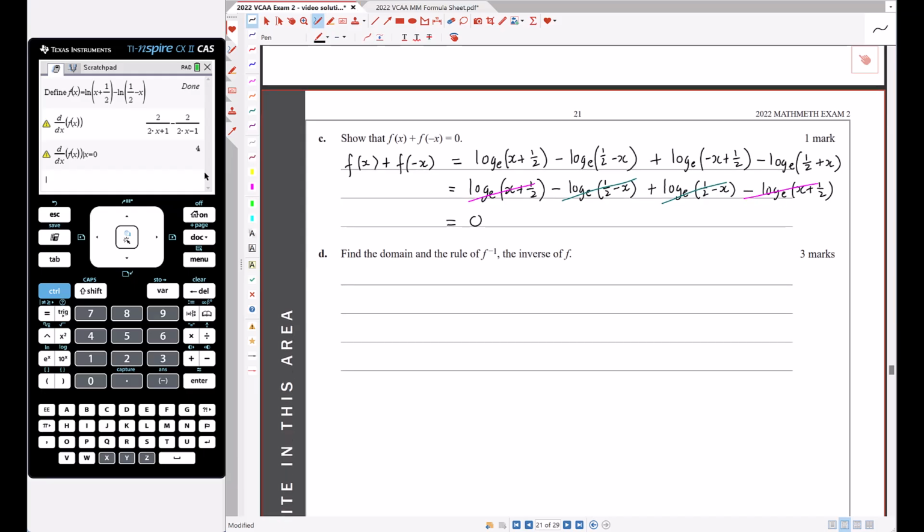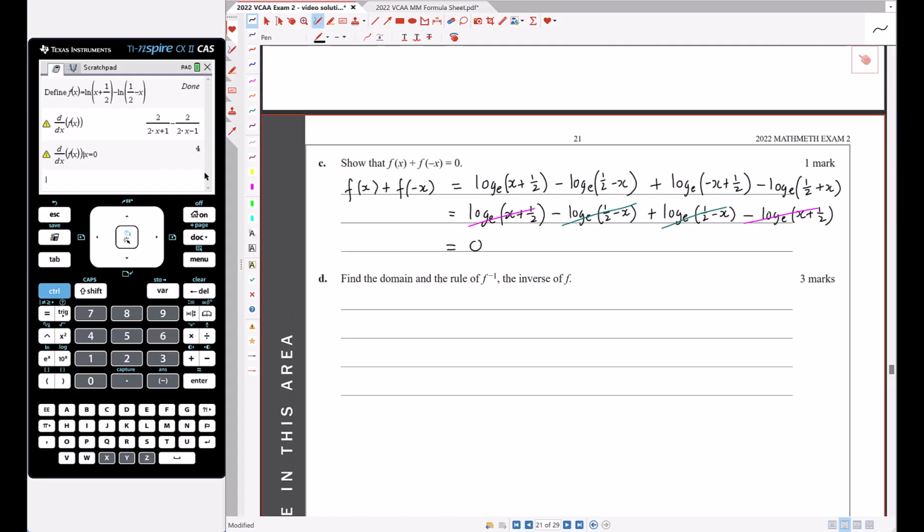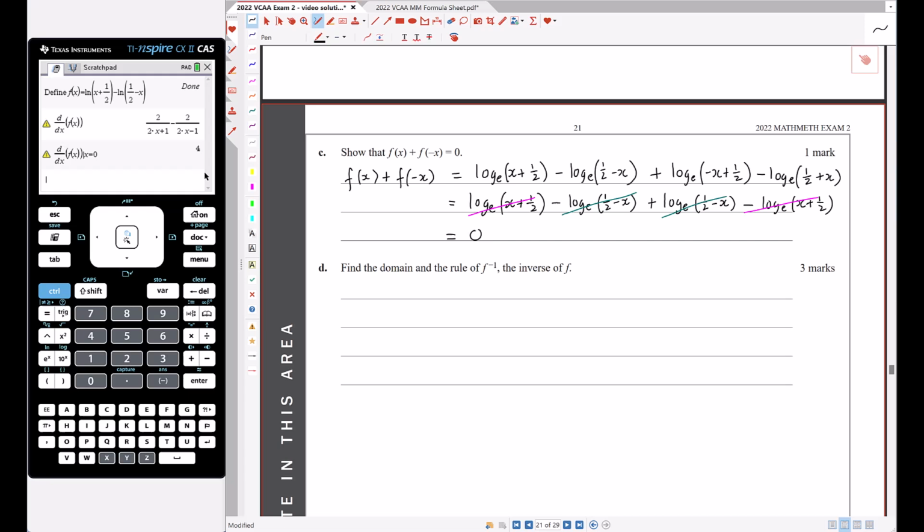Find the domain and the rule of the inverse of f. Okay, so first of all, our original function, let's just write that down again here. So f of x is log e of x plus a half minus log e of half minus x.